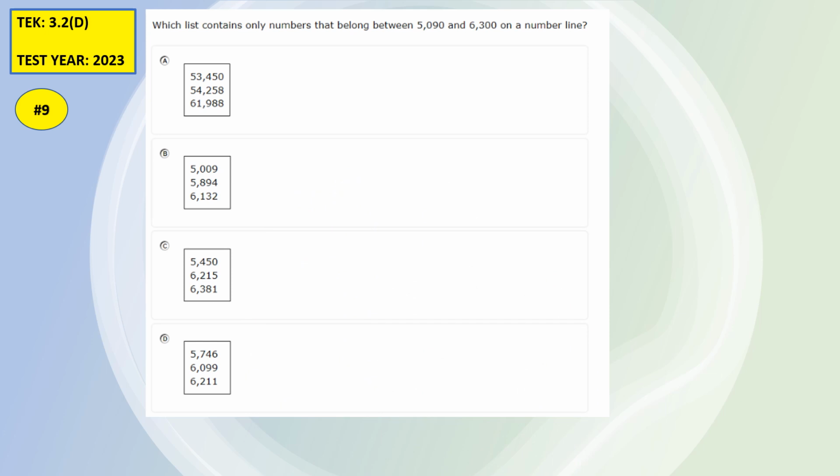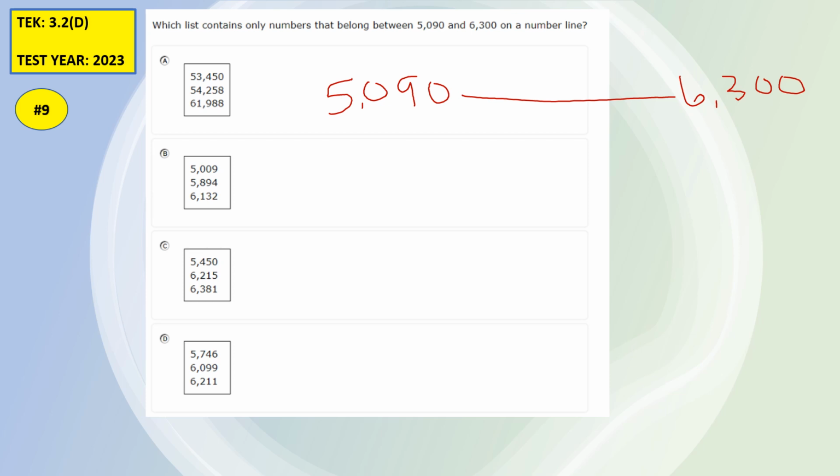It says, which list contains only numbers that belong between 5,090 and 6,300 on a number line? So that means if I had 5,090 on one end and 6,300 on the other end, then I could only choose the list of numbers that would be in this area.